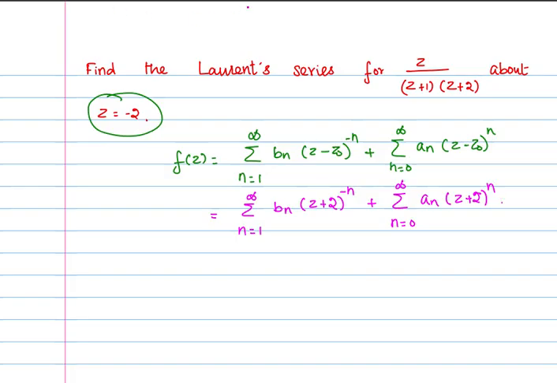I want to find this for f of z, that is z divided by (z plus 1) times (z plus 2). I have to represent it in this form.